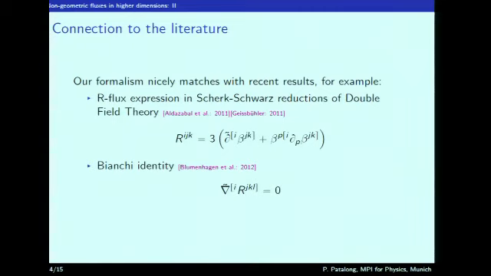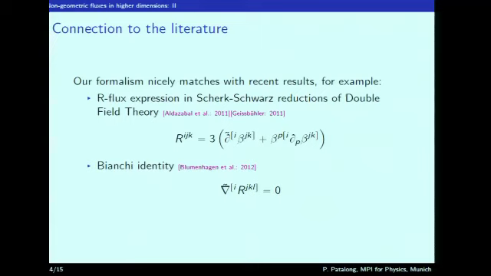And finally, I want to mention that some recent results in this topic match nicely to what we find. For example, there are some expressions for the R flux around when people did Scherk-Schwarz reductions of double field theory, for example, Aldazabal or Geissbühler. And this expression is exactly the expression we have, which was the d tilde derivative on beta.